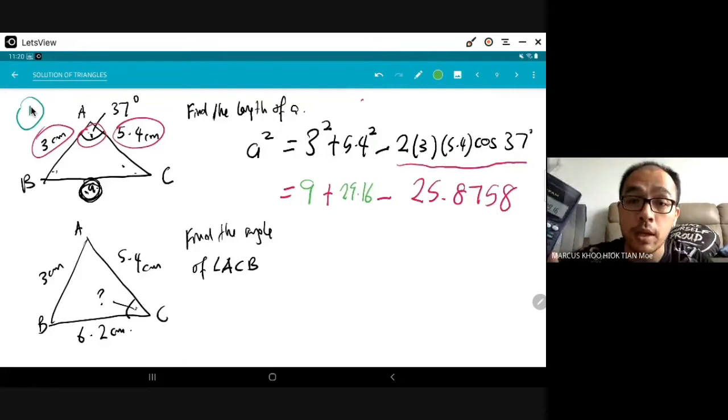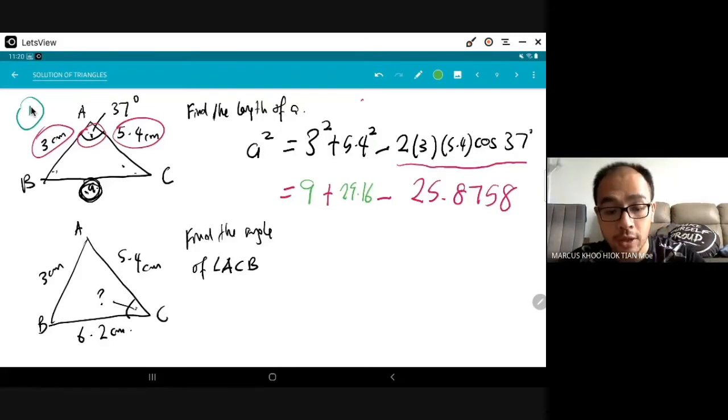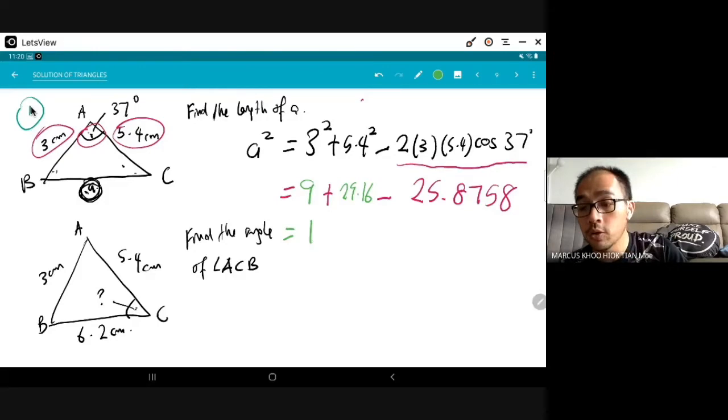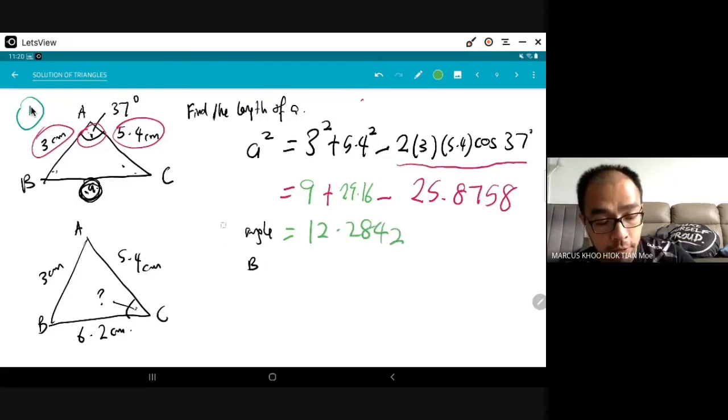Then after that you calculate this. So 9 plus 29.16 minus 25.8758 will give you 12.2842.